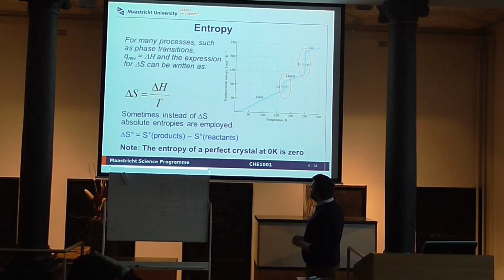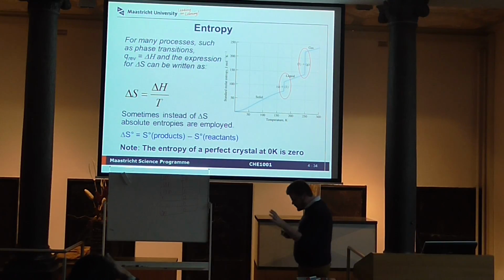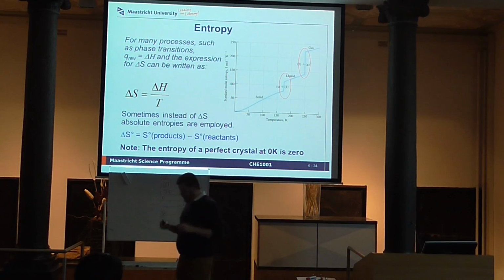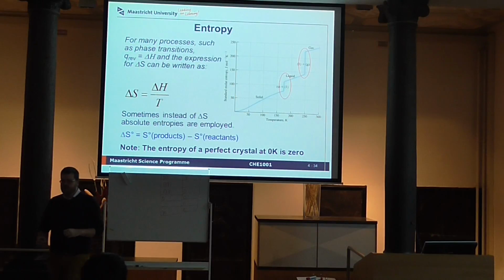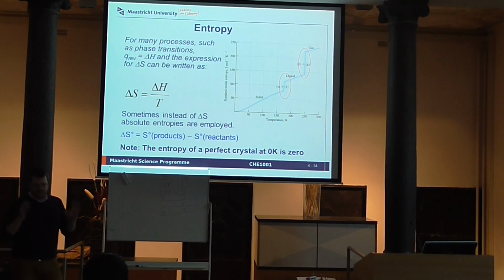Now, you can also measure the entropy, as we just saw moments ago, since we're chemists. Instead of using Q, we use H. That's a simple way of looking at it. The reality is more complicated. But for the purposes of this course, let's just assume we can replace Q with H, enthalpy. So you can measure the entropy very easily by looking at enthalpic changes over temperature.